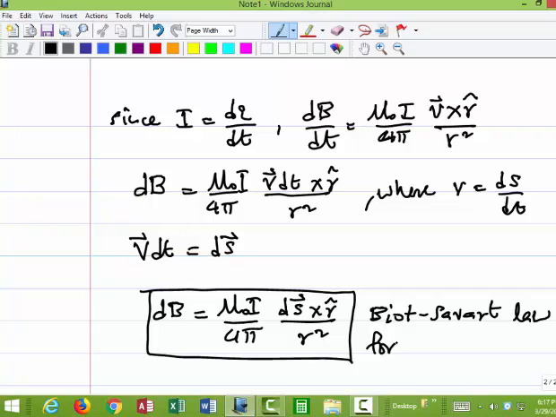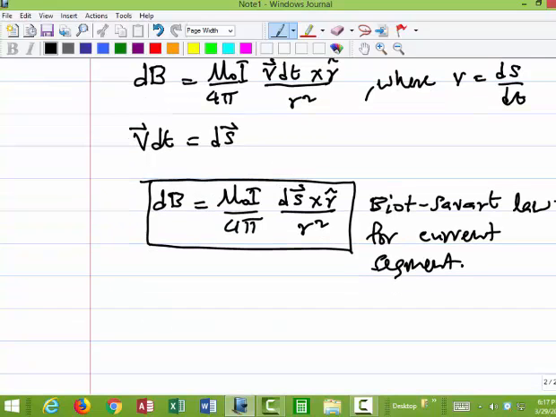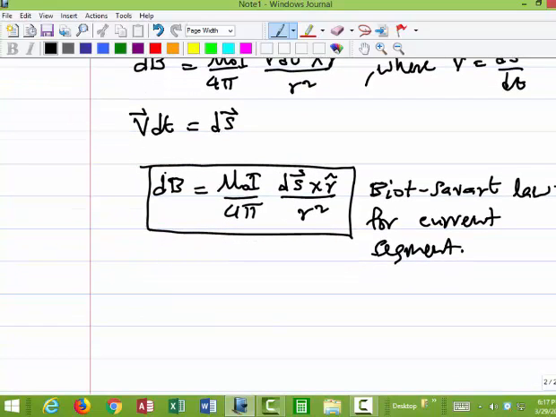This is for a current segment, and of course the magnetic field is a vector, so I'll put a vector notation on top of that. So this is the magnetic field of a current carrying segment. The notation used in your textbook is a little bit different, but I like this notation because it lends itself to the analysis we're going to do next.